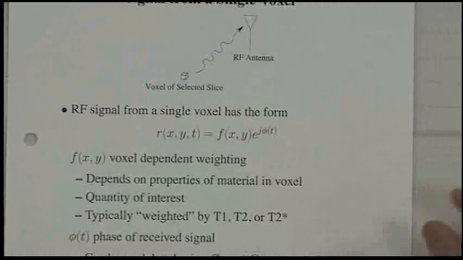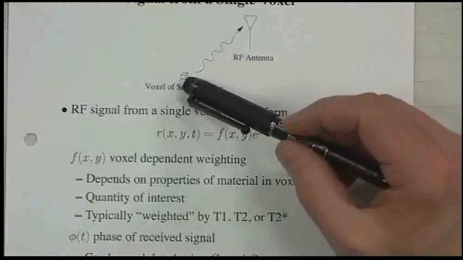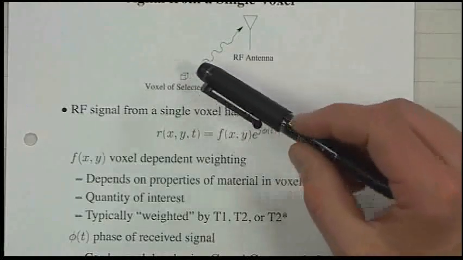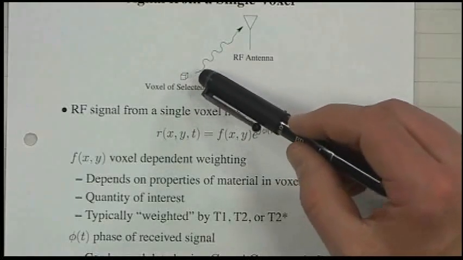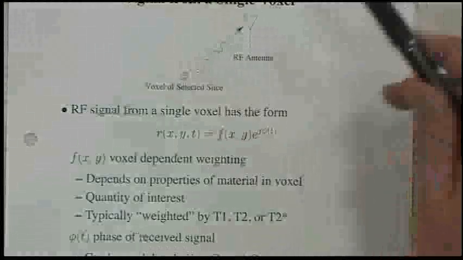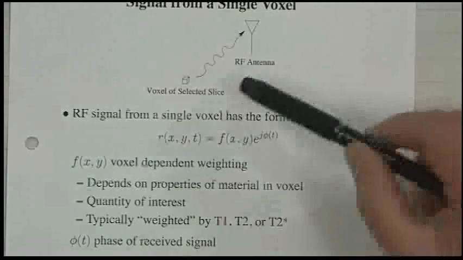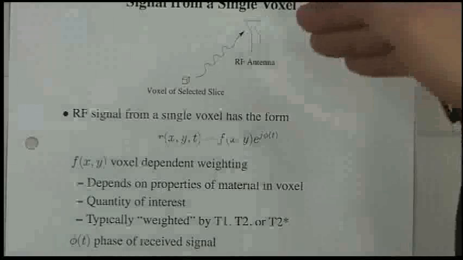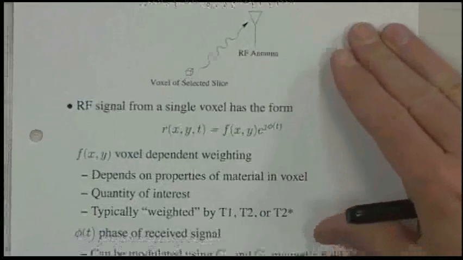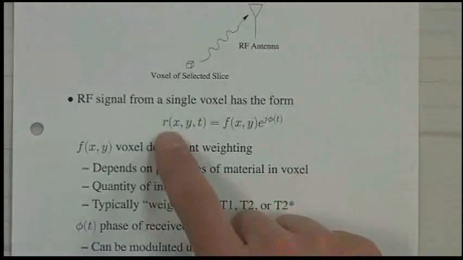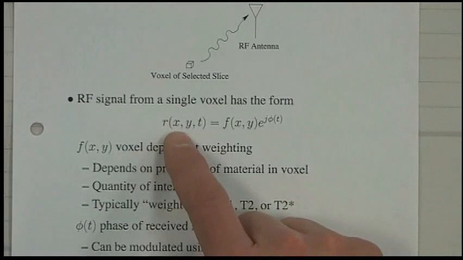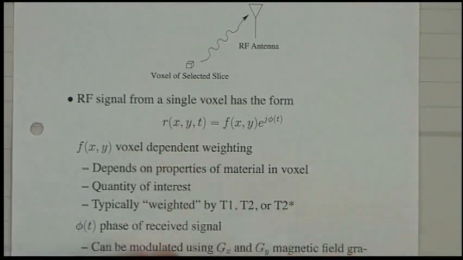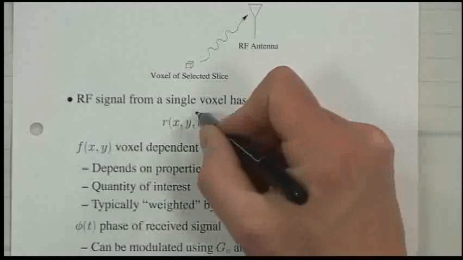So let's first look at what the signal is we receive from one voxel, and then we can determine the signal we get by adding all the voxels together. So we'll consider one voxel of size dx, dy, dz, and then we'll integrate them all together to get the total signal that we receive, okay? So the received signal is going to be from the voxel at r, x, y, and z.